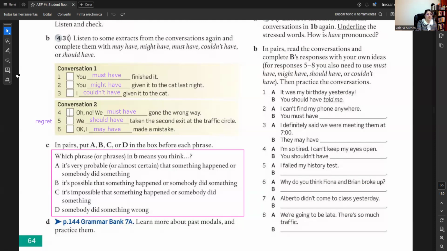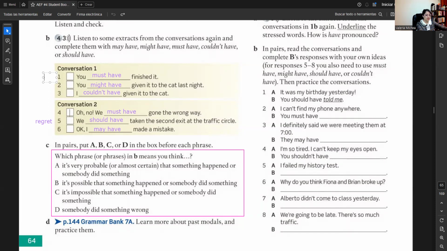So number one, we have, you must have finished it. So which one is that one? A, B, C, or D? Let me see. Is it A? It's very probable or almost certain that something happened or somebody did something.